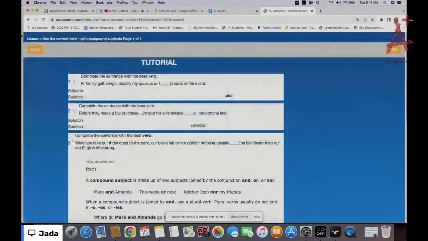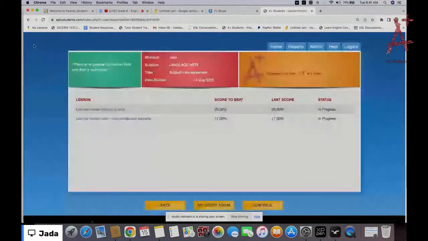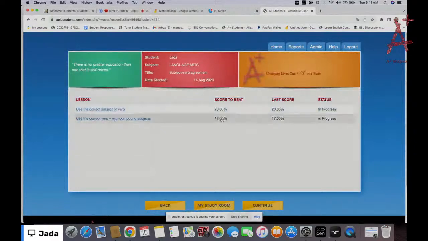I hope that you do not have any questions. Try to finish up both lessons, because we have two lessons under subject-verb agreement. It shows 17 because I didn't complete it. I stopped at page 9. Once you complete it, you should get a 98 or 100, and it's going to show completed instead of in progress. You see it down here.